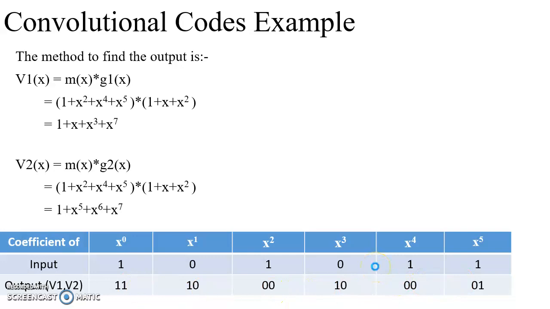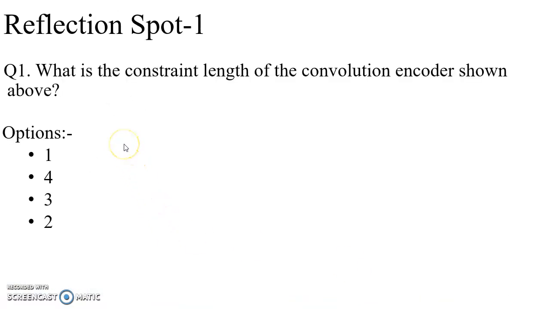We move on to the next. This is the reflection spot. Over here you will be asked one question and the options are given below. I'll take a pause and you have to answer the question. We will discuss the answer after the pause.